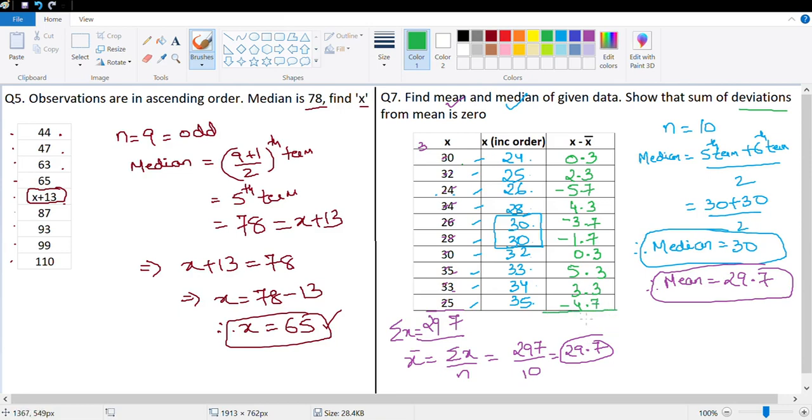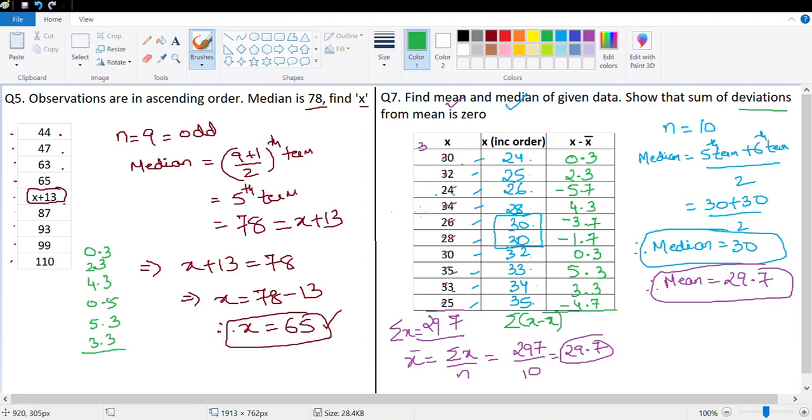Now we need to show the sum of x minus x bar. Let's calculate. Let's add the positive numbers first. The positive numbers are 0.3, 2.3, 4.3, 0.3, 5.3, and another 3.3.